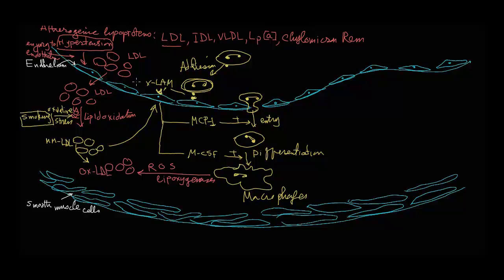Could be any other atherogenic particle as well. At the same time, the macrophages express scavenger receptor, which is going to bind to these oxidized LDL species, and they are internalized inside the macrophages, and the macrophage eventually becomes stuffed with these oxidized LDL species.